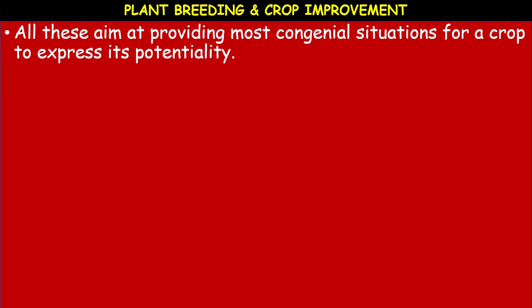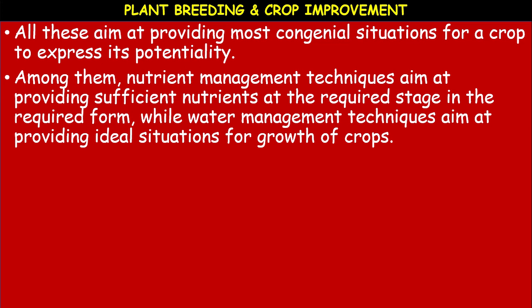All these techniques aim at providing the most congenial situations for a crop to express its potentiality. 50 to 70% of the success of a farmer depends upon the selection of good quality seed. That is the first.